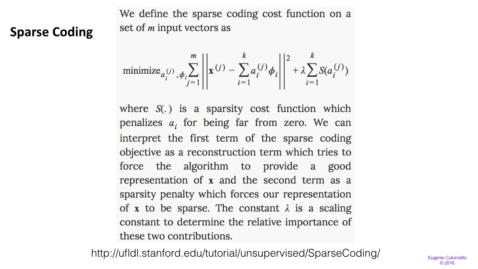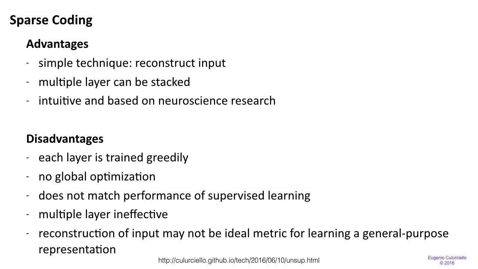And doing this kind of minimization is actually quite expensive, but it's been done many times. People have found techniques to do one layer at a time, and one of these techniques is basically similar to autoencoders. So in general, autoencoders and sparse coding have the advantage of being quite simple. There are simple techniques where you can reconstruct the input.